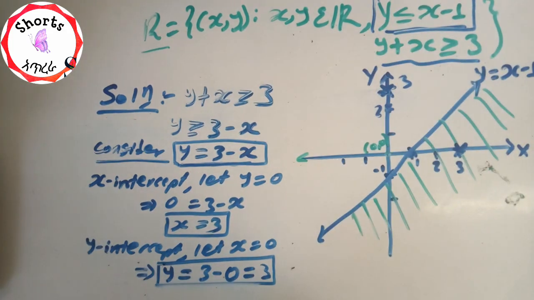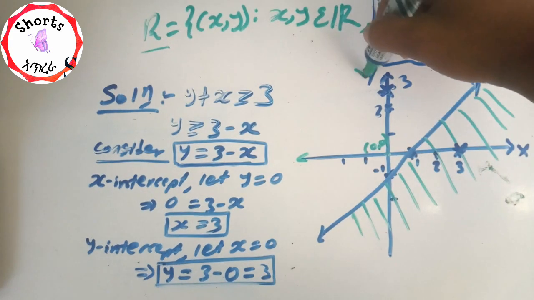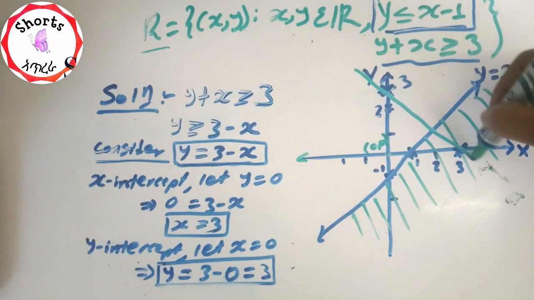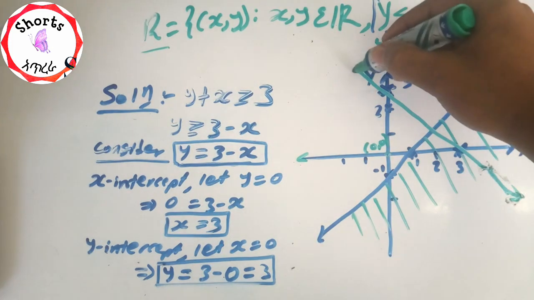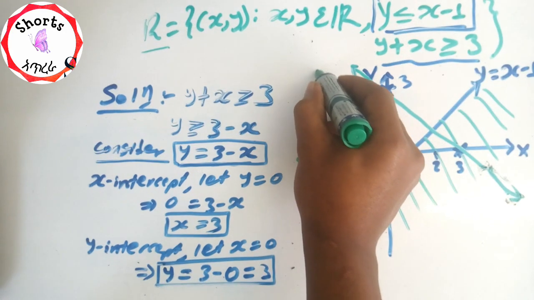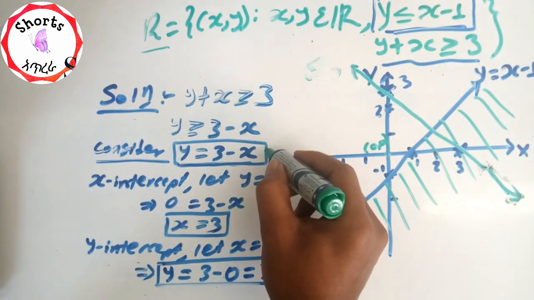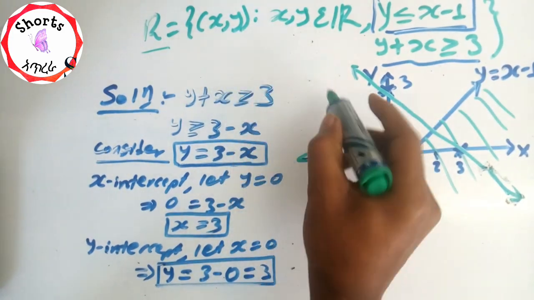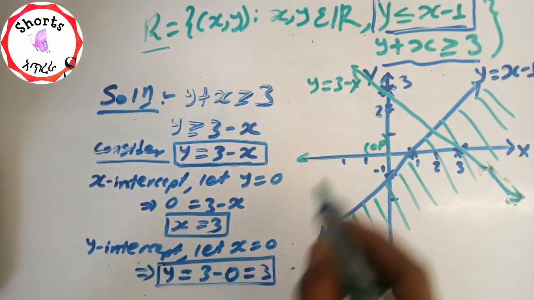We have the following picture. Now this green line is the graph of y is equal to 3 minus x.